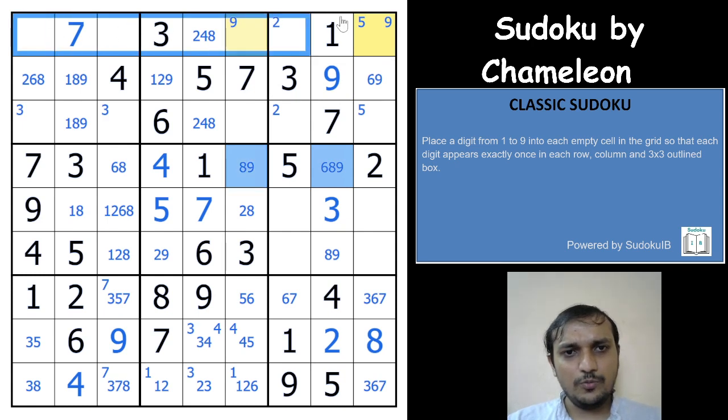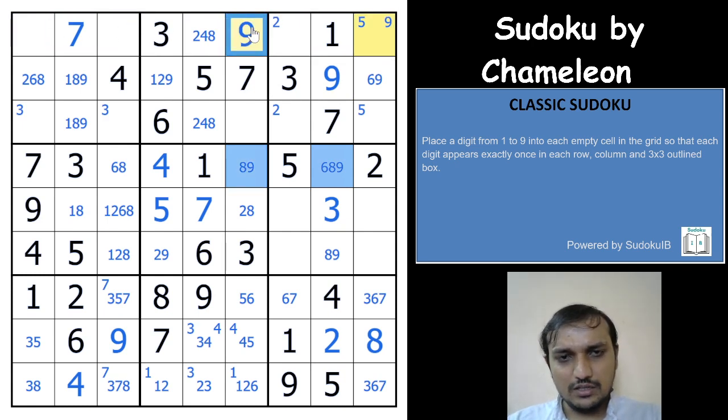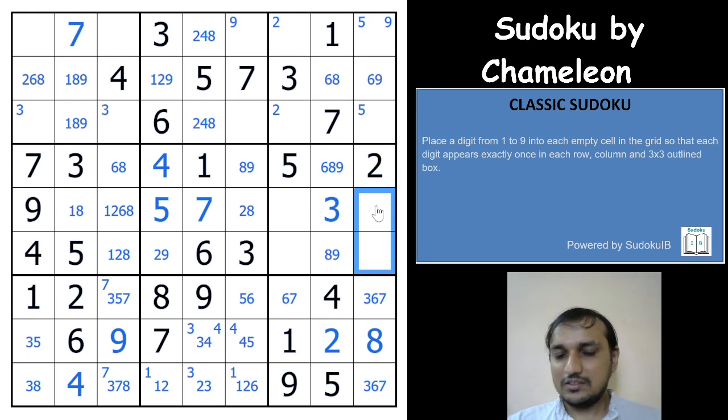So for this row 9 would have to be here, and for this row 9 would have to be here, and you get two 9s in the same column. So which means this cell cannot be a 9, which means I can eliminate 9 from this cell and from these cells as well. That's amazing. So 9 cannot be in any of these cells as well. So if this cell is not a 9, it has to be 1, 2, 7 and 8, 2, 8, and this has to be 1 and 7.